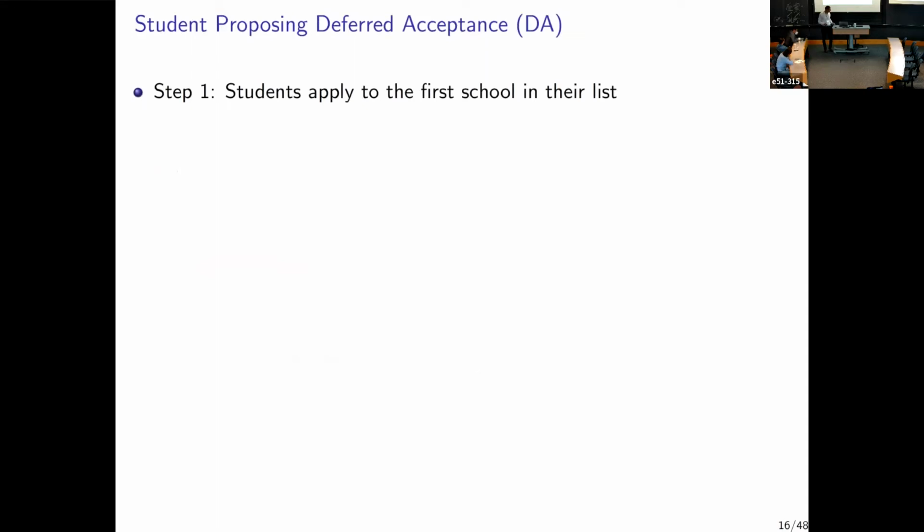Okay, so we talked about deferred acceptance, but let me just reiterate it. Maybe this is going to be too easy or known to you, but one way to characterize deferred acceptance is that first students apply to the first school in the list. So students report the rank order list, and the mechanism is going to behave as if students apply to the first school in the list.